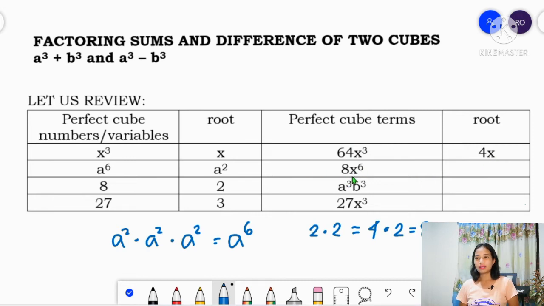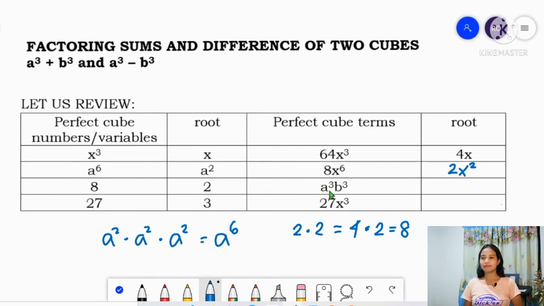Okay? So, next is 8x raised to 6. So, in terms of the numerical coefficient, ang root nito ay 2. If we multiply 2 times 2 times 2, so the answer is 8. Okay? So, in terms of the variable, okay, ang kanyang root ay x raised to 2 or x squared.